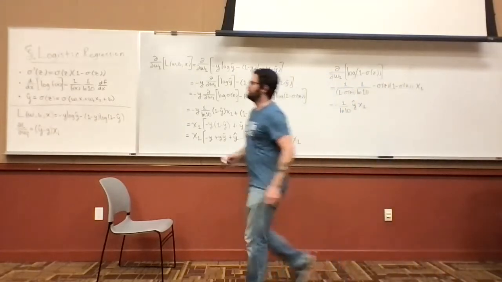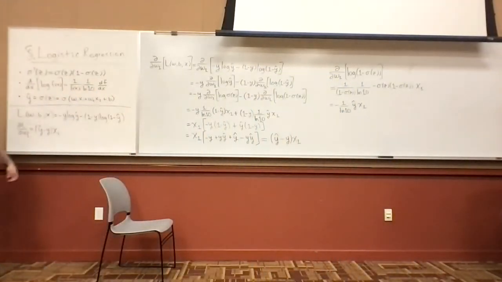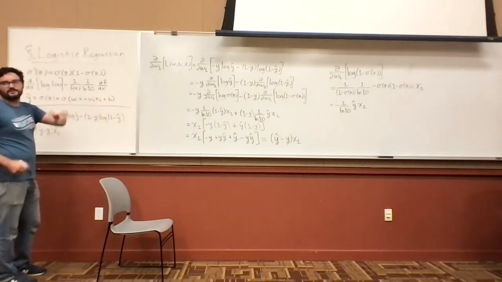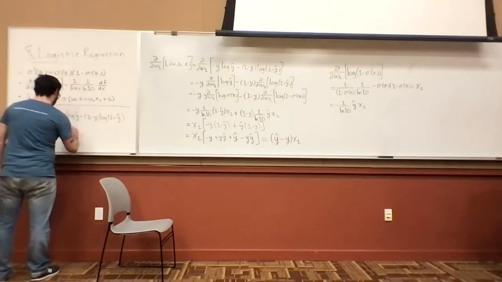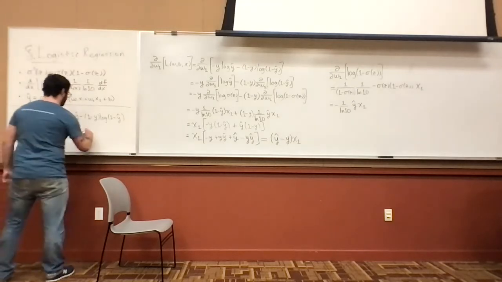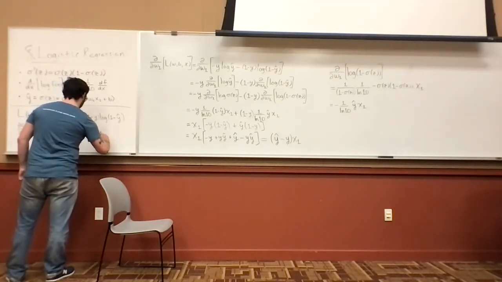What about when we do the partial with respect to B? The partial with respect to B, there's no coefficient of B, right? So it's just going to be a 1 out there. So then we can just say that the partial with respect to B is just equal to y hat minus y.